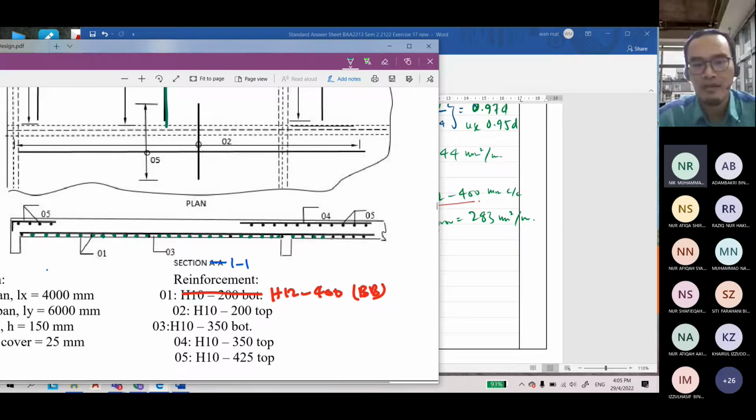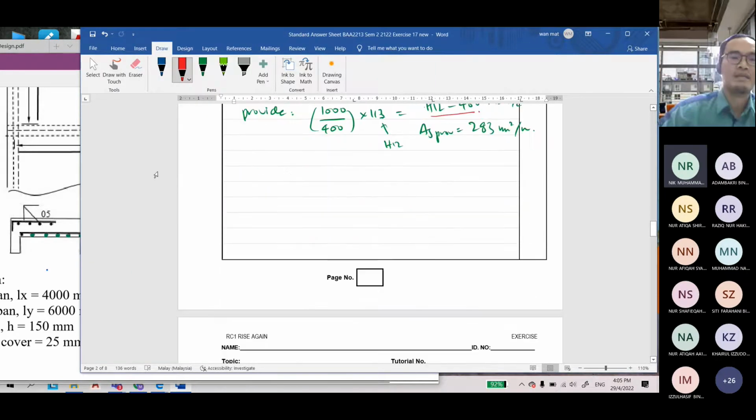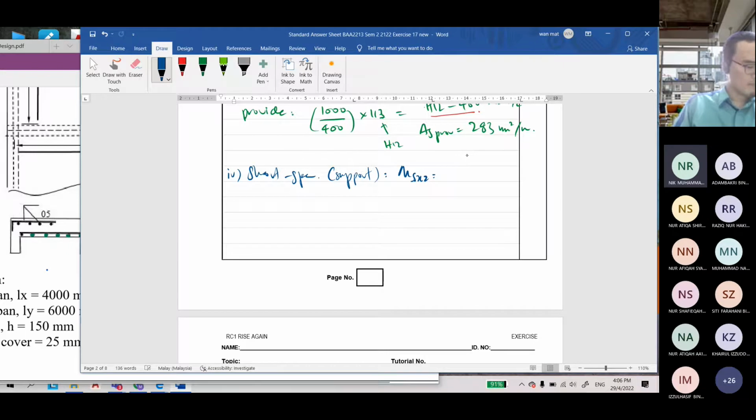And then mid span, and then short span. For the short span at support, the MSx2 is equal to what? 15.5 kilonewton meter.